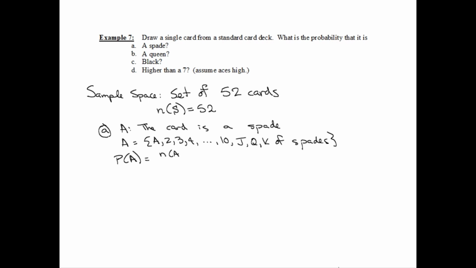We want to get the number in A divided by the number in the sample space. The number in the sample space is certainly 52. How many are in A? Well, how many are going to be in each suit? Well, ace through 10 gives us 10. Jack, queen, king is 3 more. So 13 over 52, which reduces to 1/4. If you think about it, 1/4 of the card deck is spades. So that answer certainly seems reasonable.